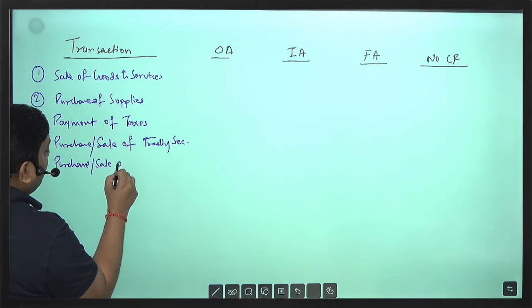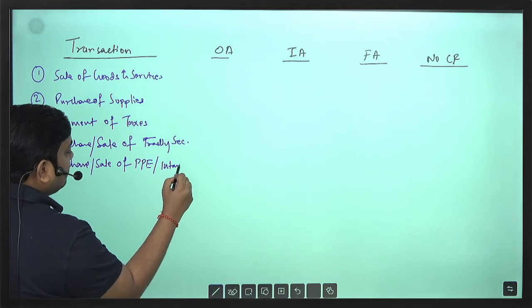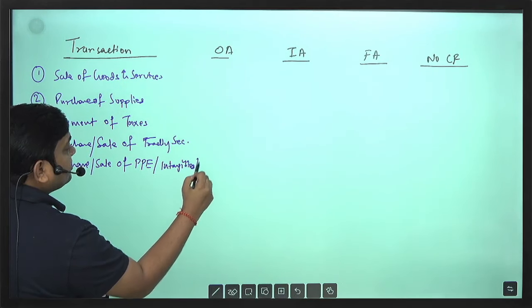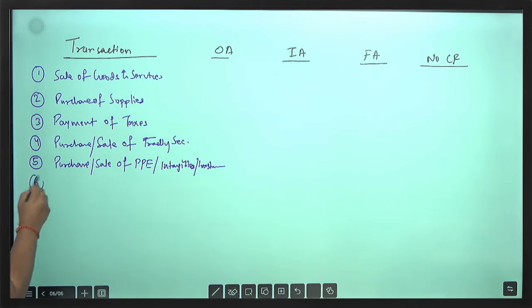Purchase or sale of PPE, intangibles, or investment. Right?